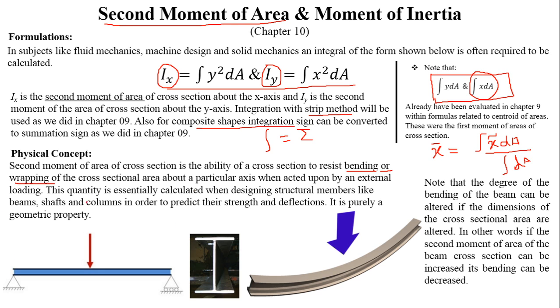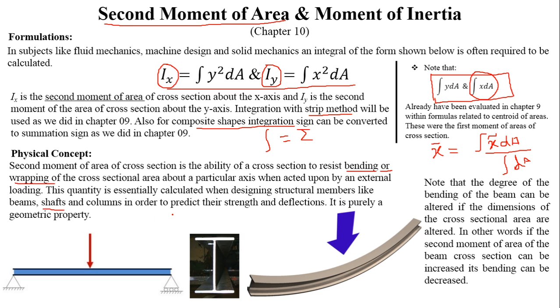For example, if you have this kind of a beam, a structural member, this property of second moment of area is not only applicable for beams, it is applicable for shafts, columns, axles, even in fluid mechanics, machine design, connecting rods, etc. So this concept is utilized in many areas. More importantly, it is used in the design of beams.